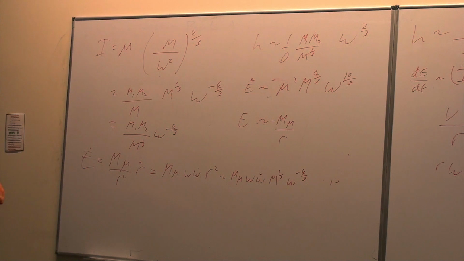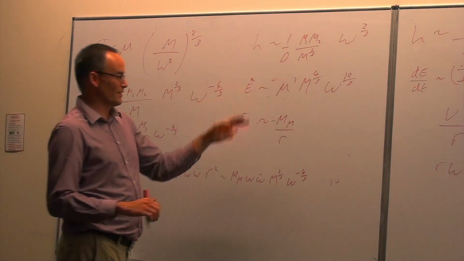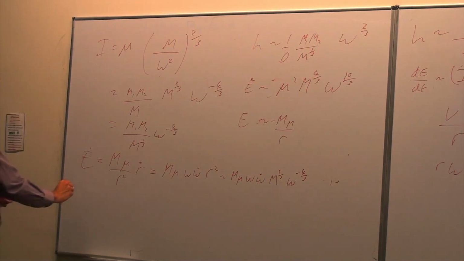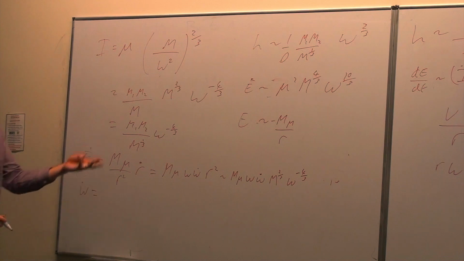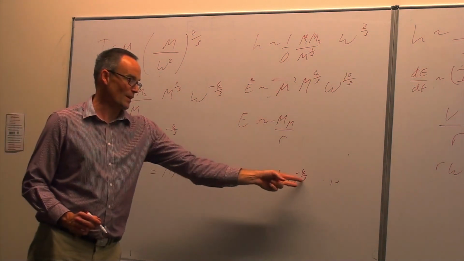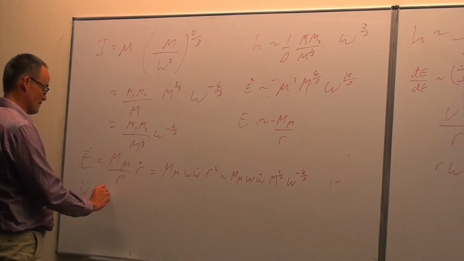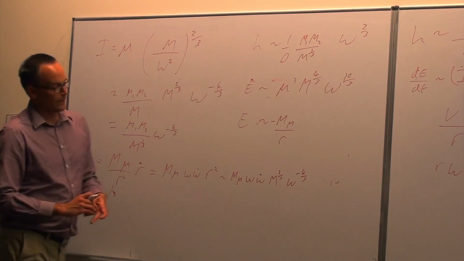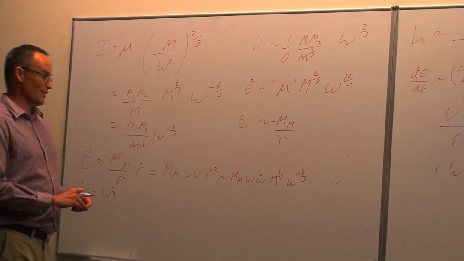Okay, so we had E dot was mu squared m to the 4/3 times omega to the 10/3. We now have omega dot is, well, putting this all together, we've got an omega to the -1/3 over here. We have an m to the 5/3 mu.